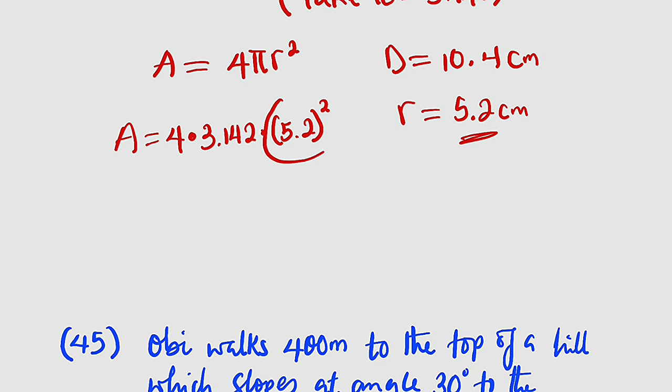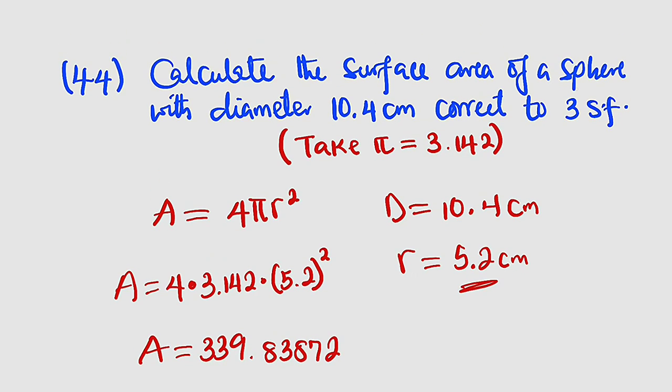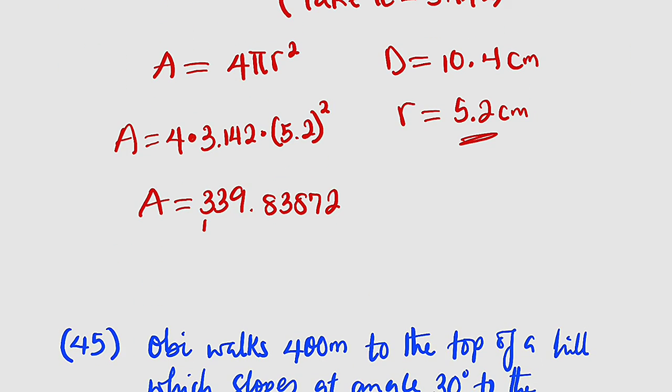So we are going to use our calculator, press everything directly. You can even start with 5.2 whole squared, then multiply by 3.142, then multiply by 4, and that will be the area of that sphere, which is 339.83872. But what did they say? Correct to 3 significant figures. So let us correct it. First significant, second, and the third.